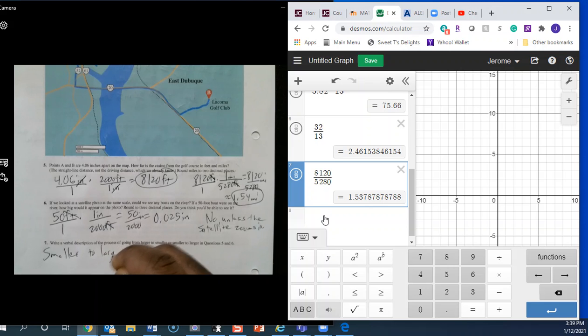We multiplied the smaller value by the reciprocal of the scale.